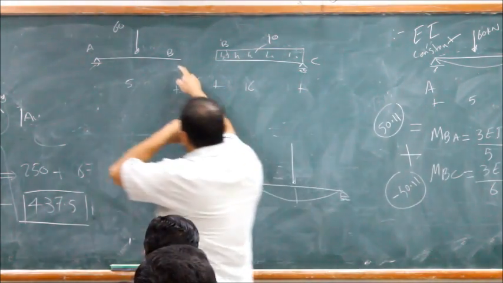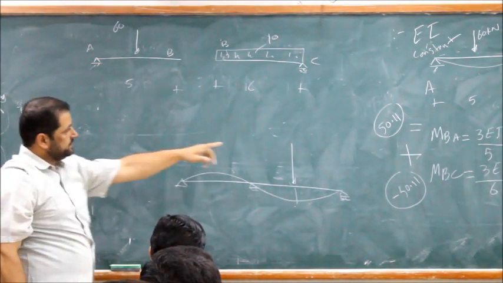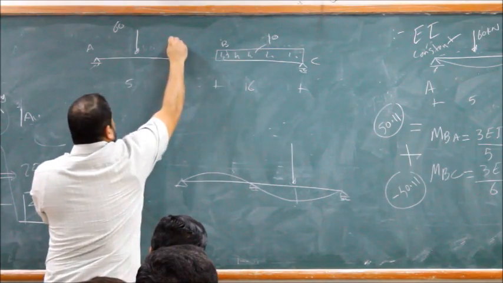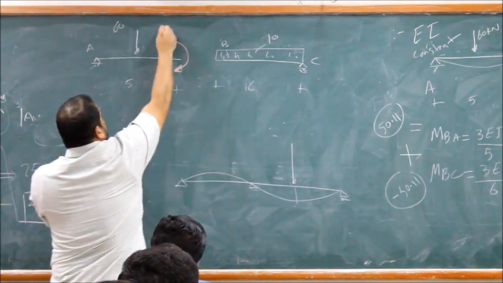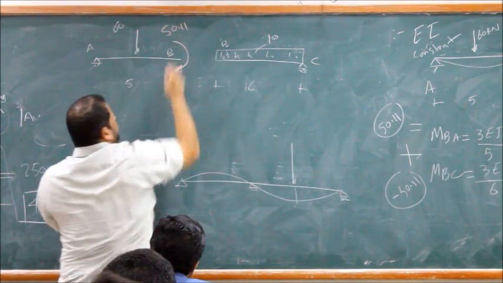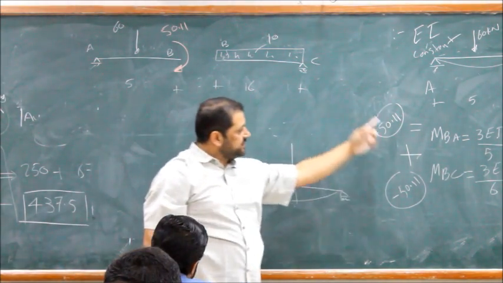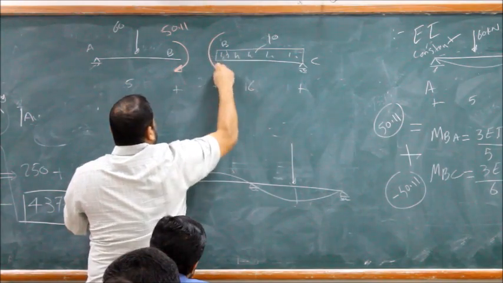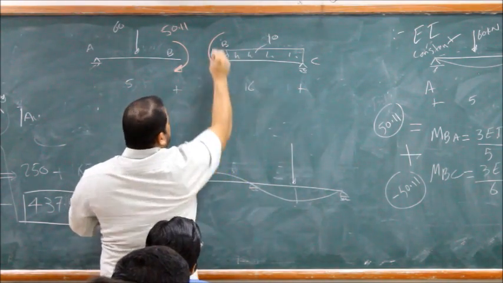B, C. So what's MBA? 50.12. Positive, it means clockwise. 50.11. What's MBC? Negative, it means counter. How much? Same.